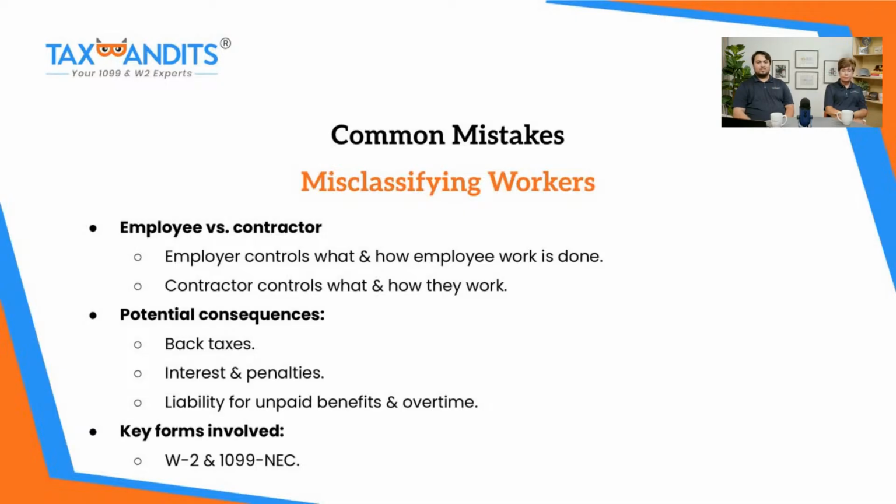So if anything has not been reported correctly, you don't really want to go through all that. You prefer to just do everything one and done. But with these, it's W-2 for the employees and 1099-NECs for contractors.